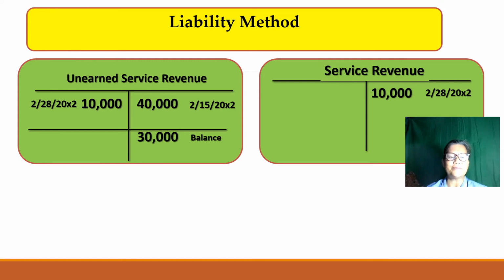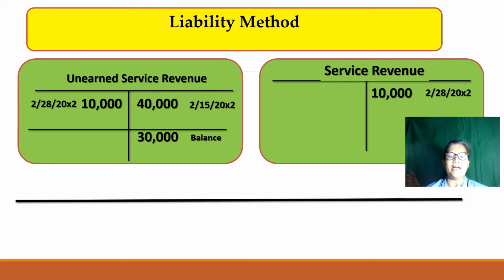Can you follow that the unearned service revenue, or the liability, has an ending balance of 30,000 on February 28? Okay, and look at the service revenue account. We have a credit of 10,000. Very easy, right, if you can follow the step-by-step procedure.